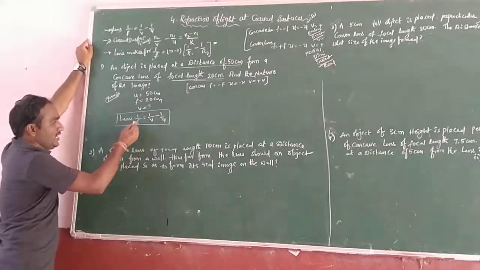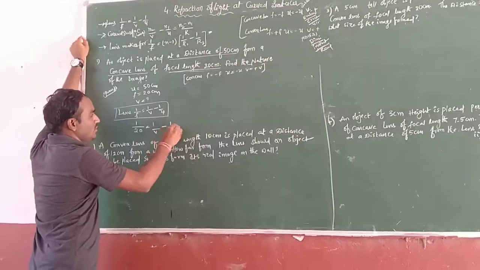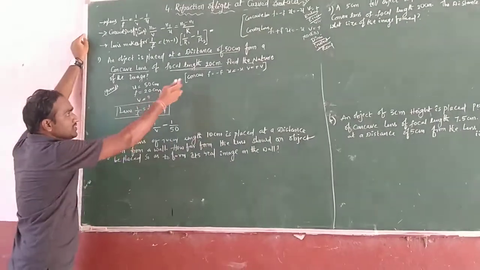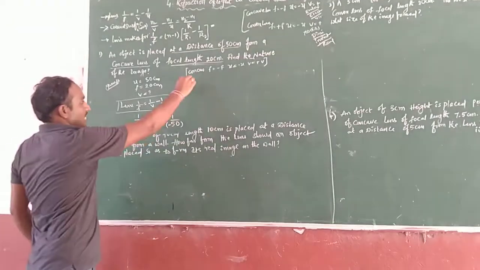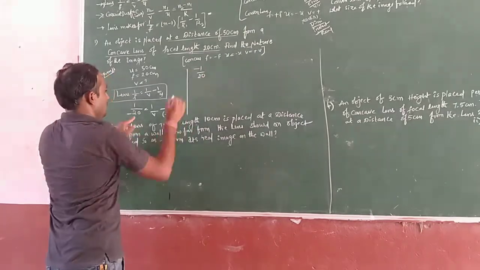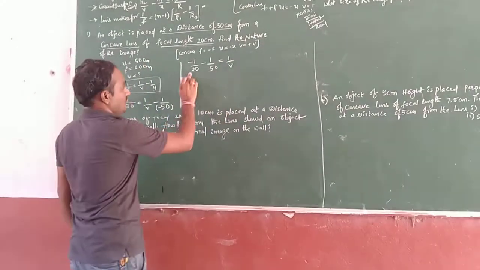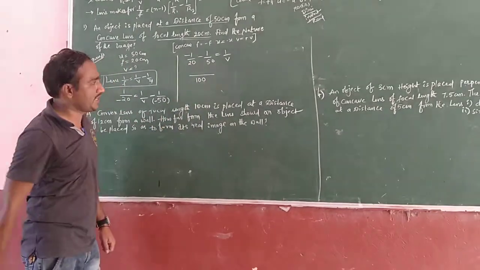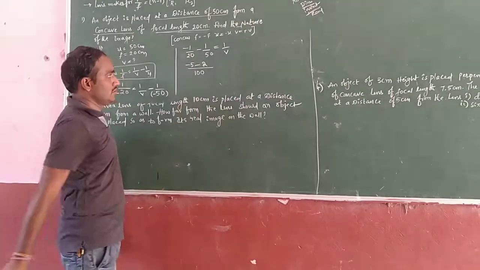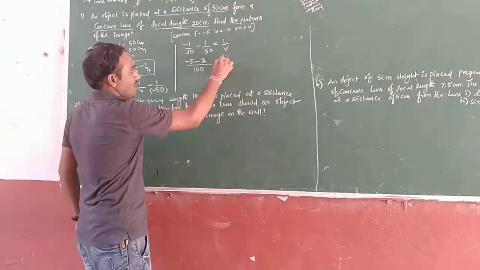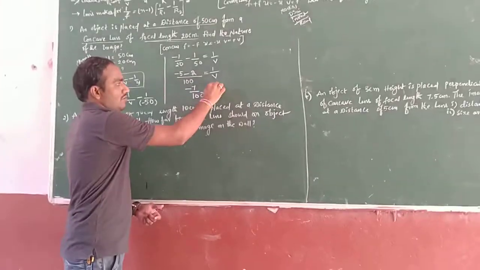According to the sign convention rules, f and u are negative. After simplification, 1/v = -1/20 + 1/50. The LCM of 20 and 50 is 100: 100 goes five times into 100, giving -5, and 2 times, giving +2. So we get 1/v = -7/100.